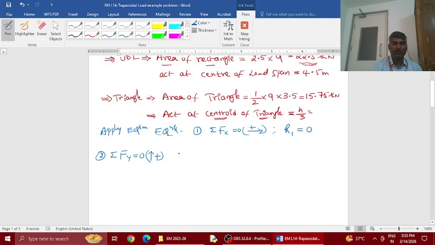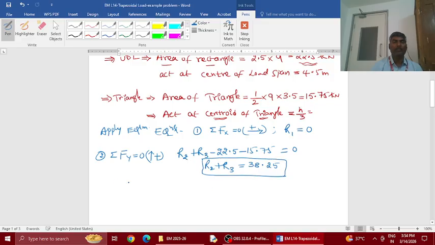So R2 plus R3 minus 22.5 minus 15.75 is equal to 0. Simplify, R2 plus R3 is equal to 38.25. So this is the relation between R2 and R3.